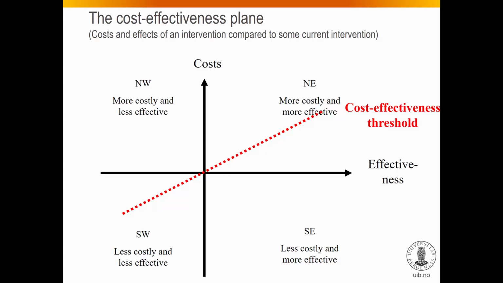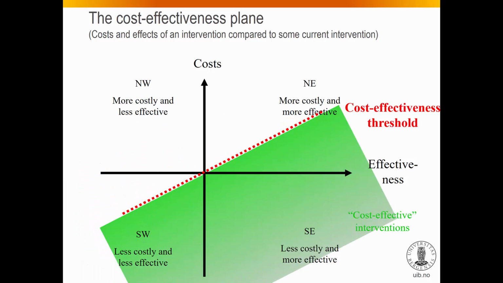This threshold is a measure of how much we are willing to pay as a society to achieve health gains. Once we know the cost effectiveness threshold, it's easy to make our decision, because whatever falls below and to the right of the threshold can be considered cost effective. We will talk more about the threshold later.